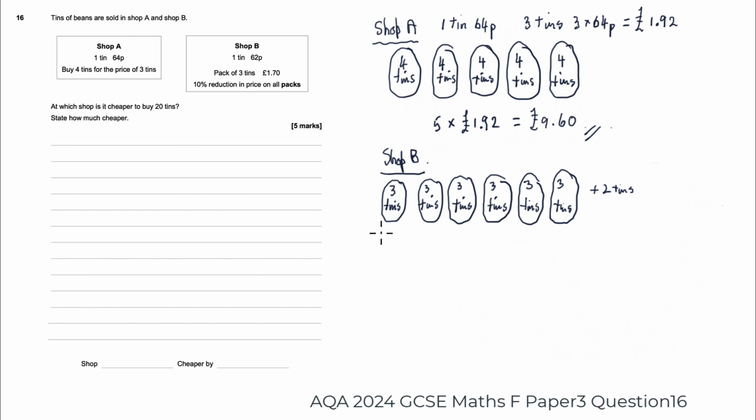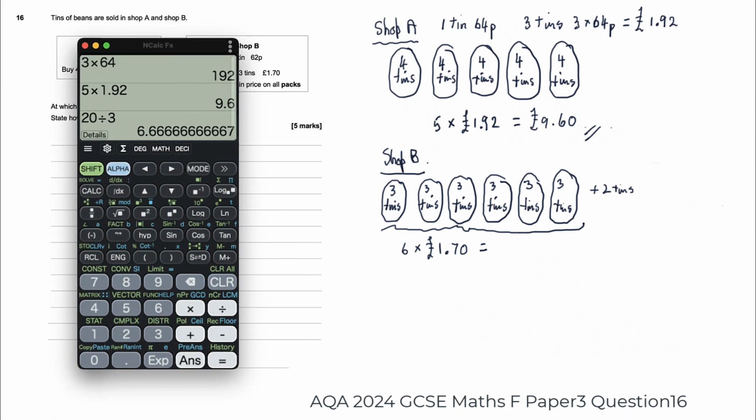Now, how much do these packs of 3 tins cost? Well, they cost £1.70 each. There's 6 of them. So the total cost there would be 6 lots of £1.70. 6 times £1.70.